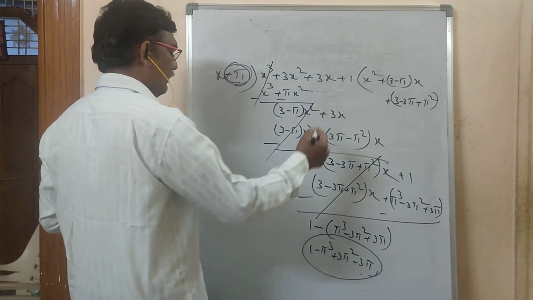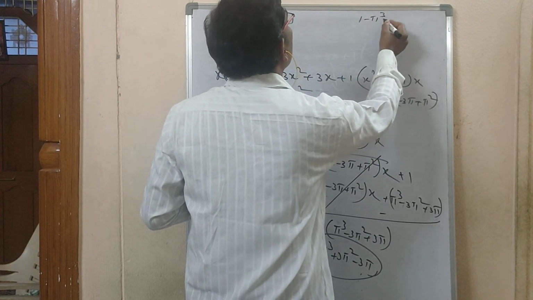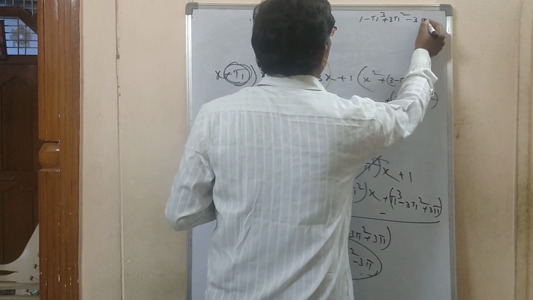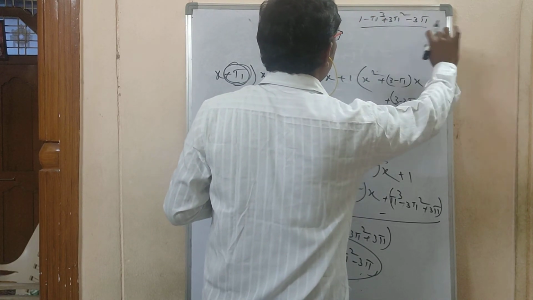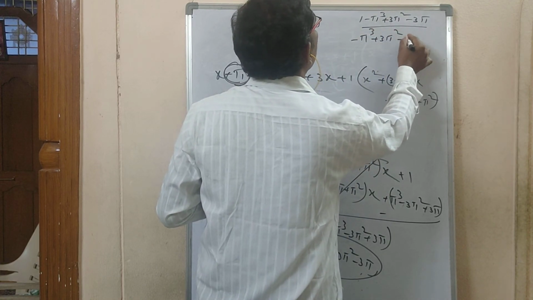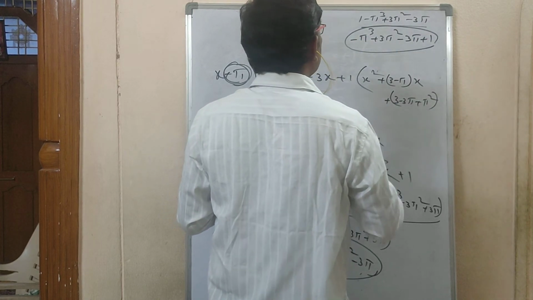Remainder. This remainder I will keep here: 1 minus pi cube plus 3 pi square minus 3 pi. If I write in descending order, first I have to write minus pi cube, next pi square, next pi, next the constant. This answer I got.